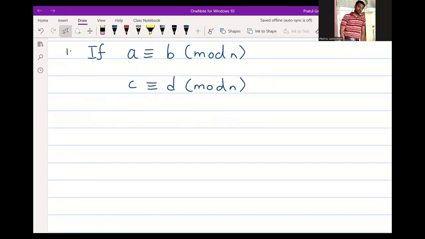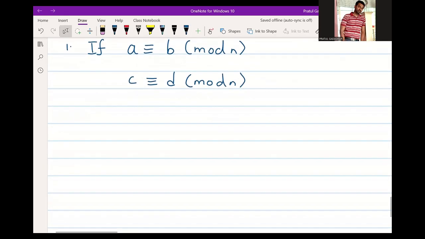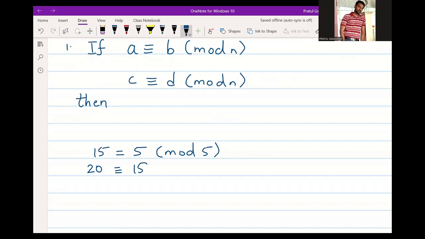Let me just discuss a small example here before writing the result. Suppose I have 15 is congruent to 5 modulo 5, and 20 is congruent to 10 modulo 5. Is this correct? Let's first check this. Does 5 divide 15 minus 5? Does 5 divide 20 minus 10?